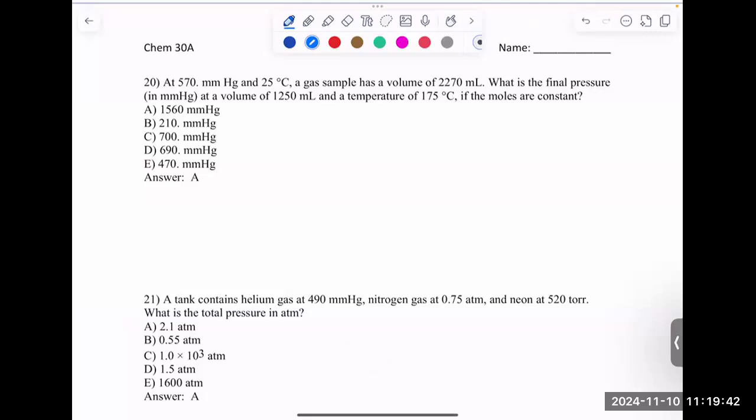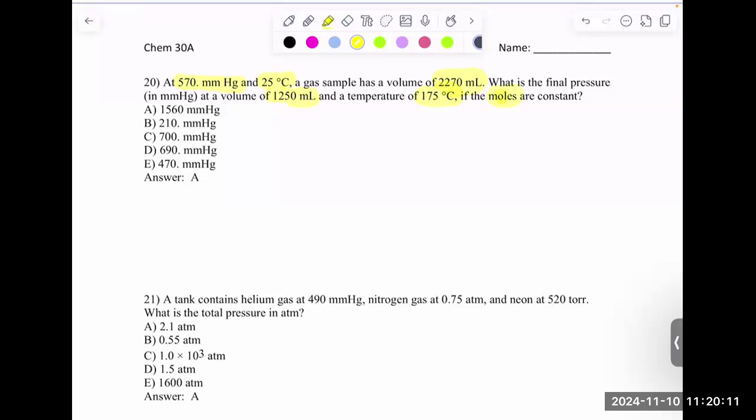Here, okay, you are given 570 millimeters of mercury, 25 degrees Celsius. A gas sample has a volume of 2270 milliliters. What is the final pressure in millimeters of mercury in a volume of 1250 milliliters, and the temperature is 175 degrees Celsius, if the moles are constant?